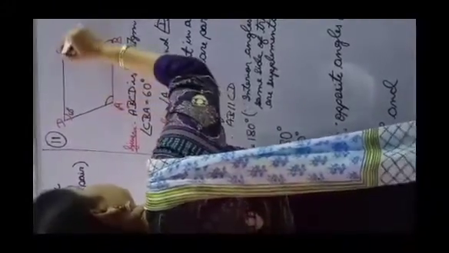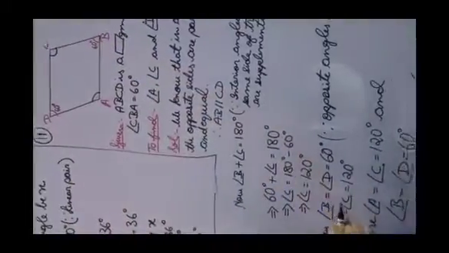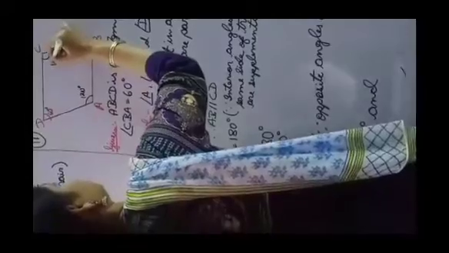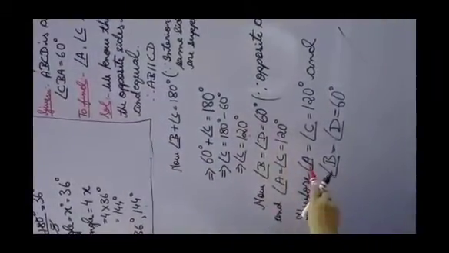Angle A and angle C are equal, so they are equal to 120 degrees. Now why is this so? Because in a parallelogram the opposite angles are equal. So in this way I found out the measurement of angle A, angle C and angle D.